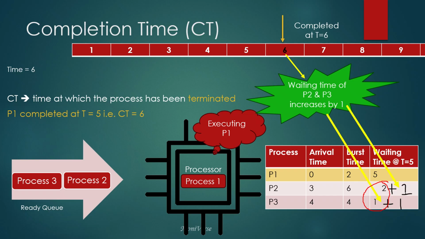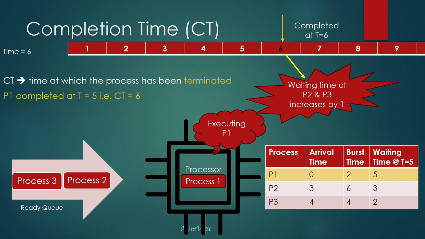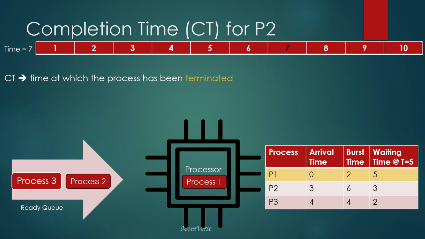So the waiting times of P2 and P3 become 3 and 2, right? Now the completion time for P2. At 7, process 2 will enter the processor, right?